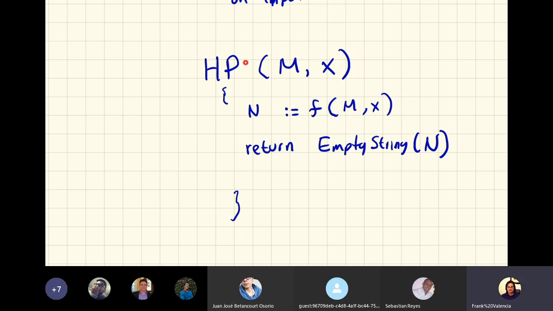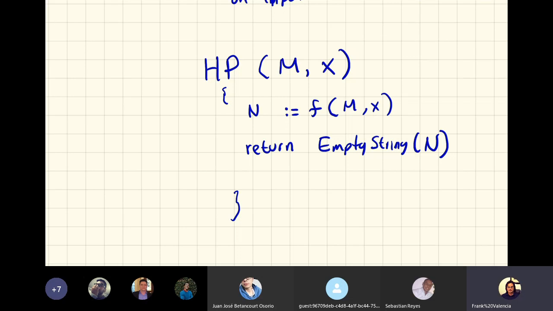If that's the case, that means that you have solved the halting problem. But the halting problem has no solution, so there is a contradiction, and then this thing cannot exist. Because if it existed, it would generate a contradiction. And we don't like contradictions.